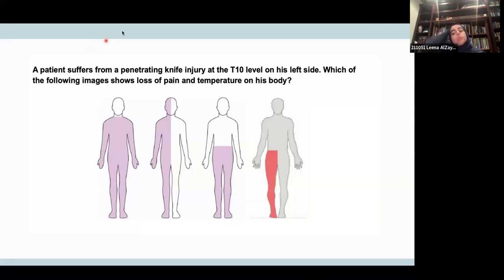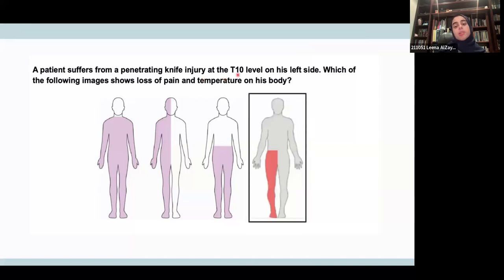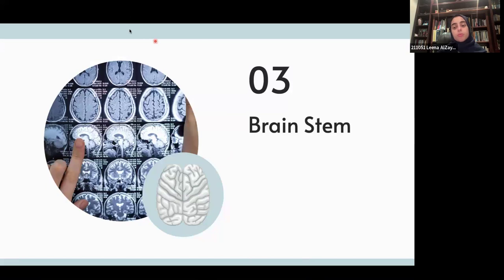Yeah, it's contralateral, so it's over here, this one. Because at T2, when you have contralateral loss of pain and temperature sensation, so they penetrated on the left side, so on the right side you would have loss of pain and temperature.